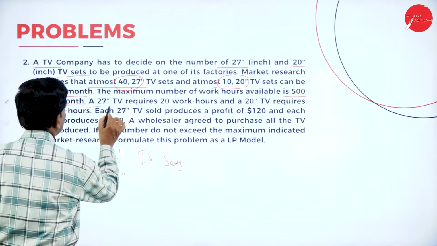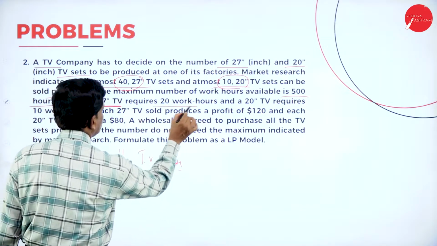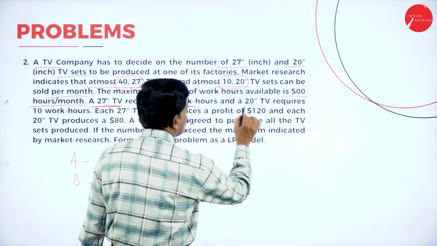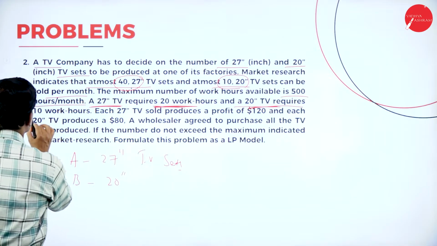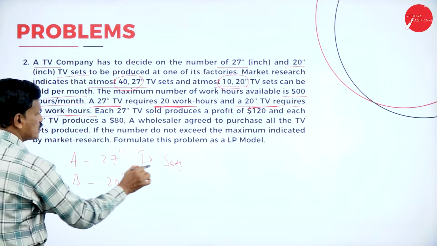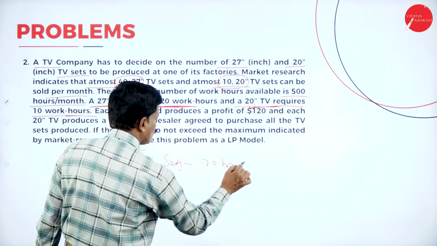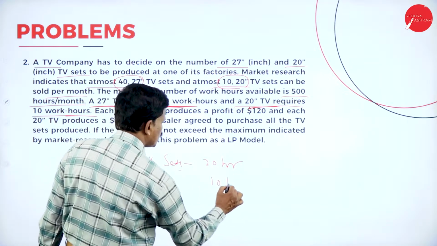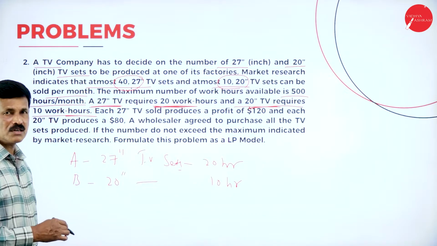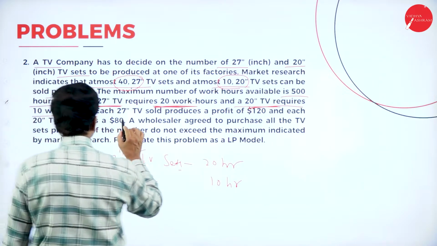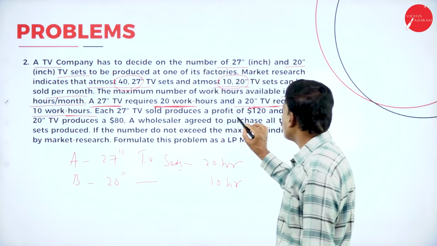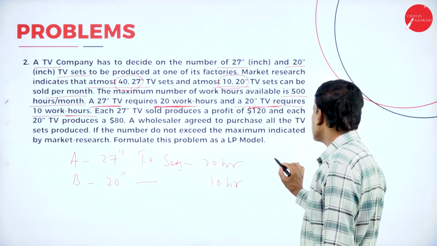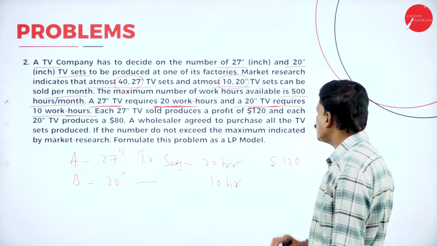Then a 27-inch TV requires 20 working hours, whereas a 20-inch TV requires 10 working hours. So product A requires 20 hours, whereas model B requires 10 hours to manufacture. This is the working hour. Then each 27-inch TV sold produces a profit of $120.